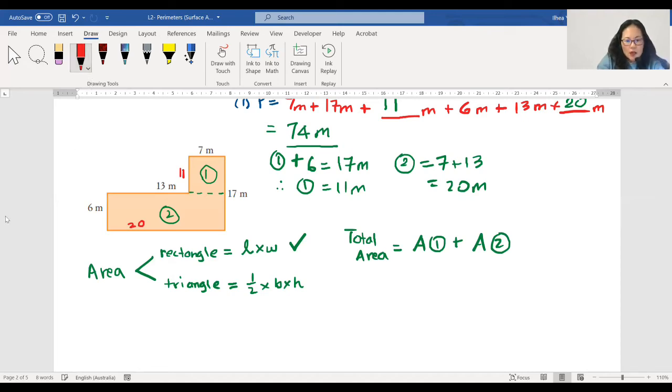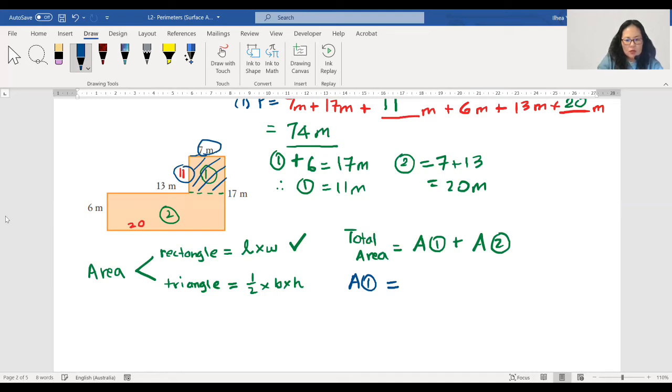Area 1, looking at this one right now, what will be my length and what will be my width? It doesn't really matter at this stage, but I can see that 7 and 11 is on that shape there.